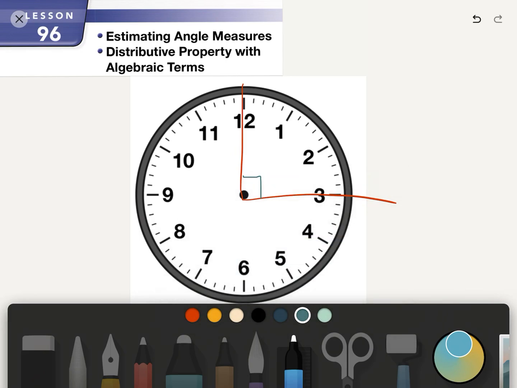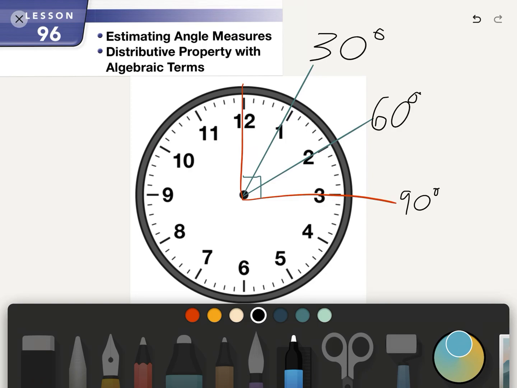So judging by that, we could say, well, if that's 90, then this must be 60 degrees, and this must be 30 degrees.